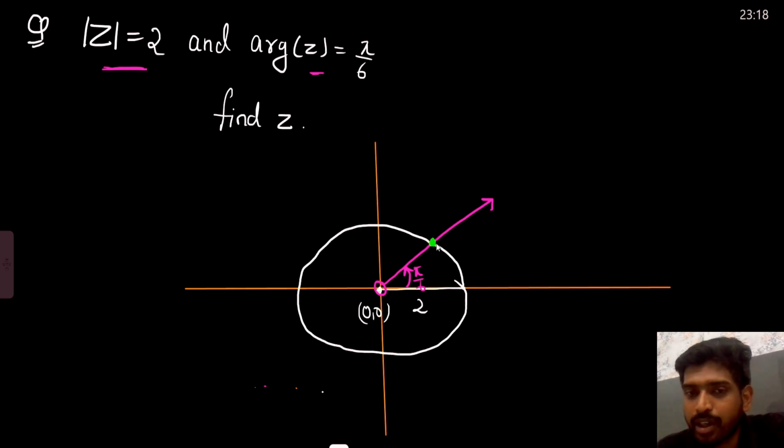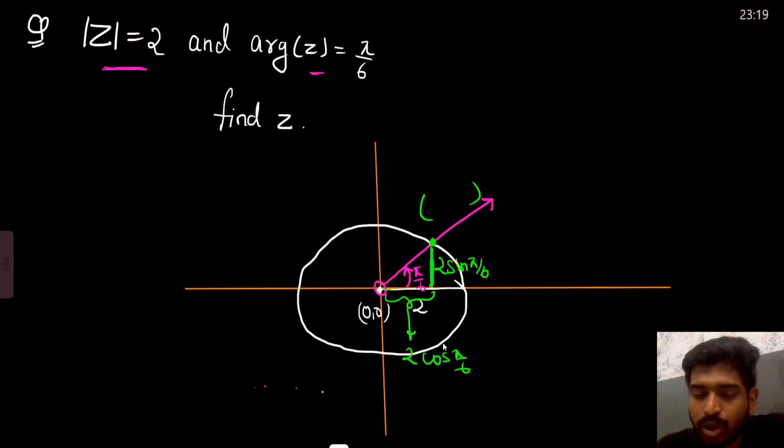Got it? What is the coordinate of this point? For this point, the modulus is 2 and the argument is pi by 6. So if we draw, the y coordinate is 2 sin pi by 6 and the x coordinate is 2 cos pi by 6.